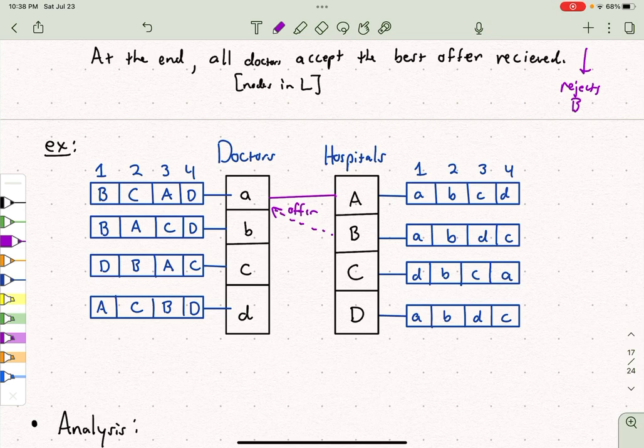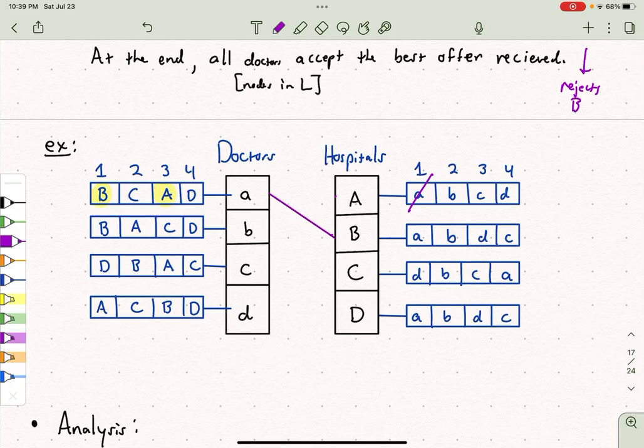Now little a looks at its options, and little a likes B way more than it likes A. So what little a is going to do is it's now going to reject A's offer. And so A has to update its list so that little a is no longer an option. And this now becomes a tentative match.